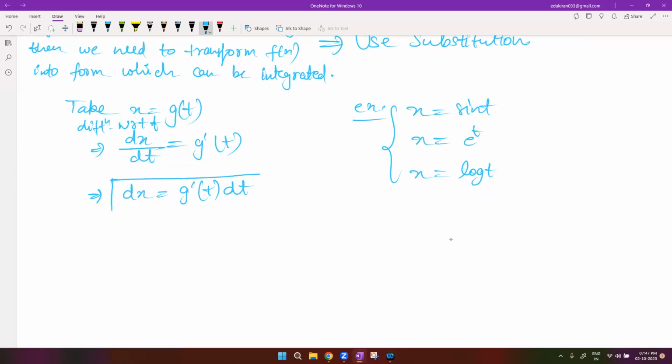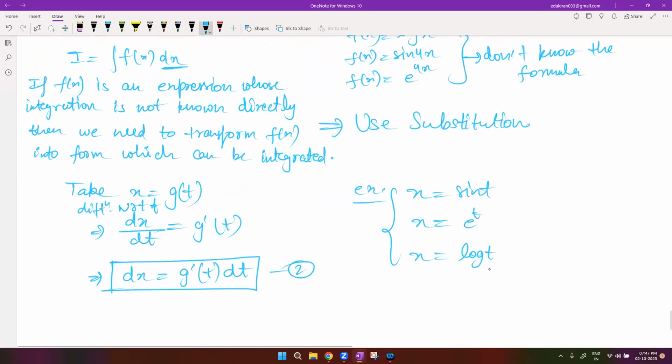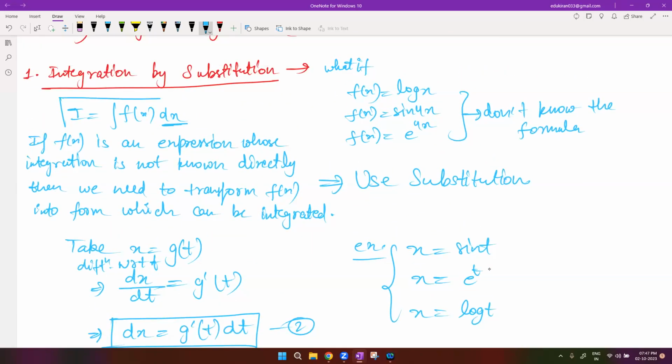So you can use this in your first equation. Actually, this is not second, let's call it third.